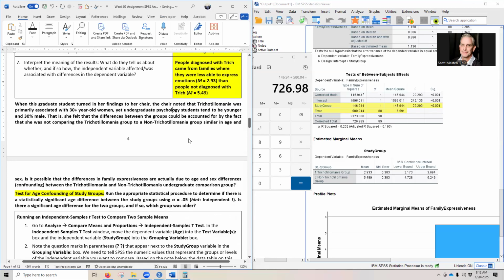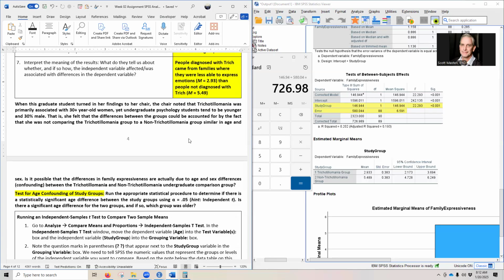So, true story, this graduate student turned this in to the committee, and the committee said, you know what? She actually found that for every subscale of the family expressiveness inventory the trick folks were lower. So they said, you know what?